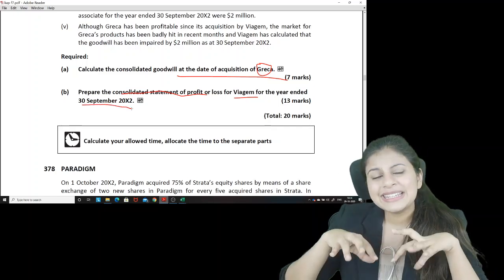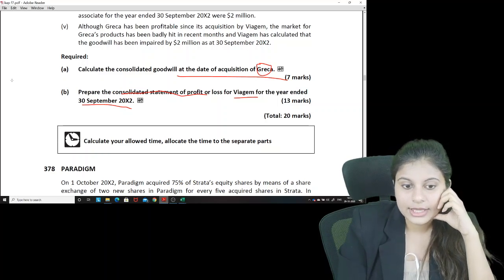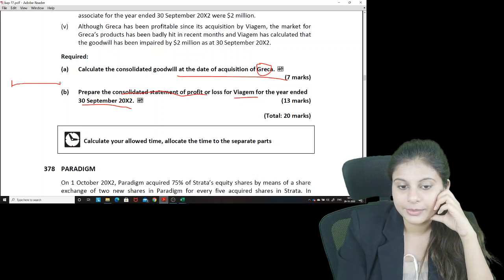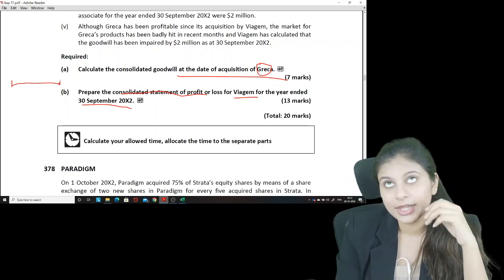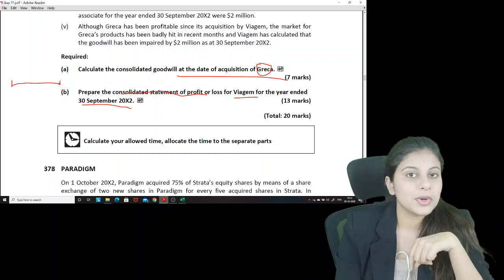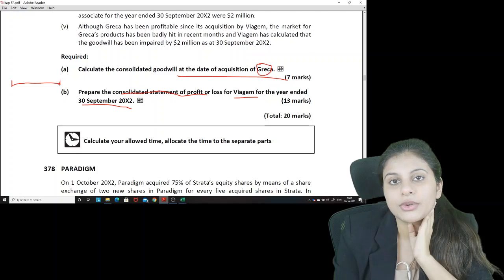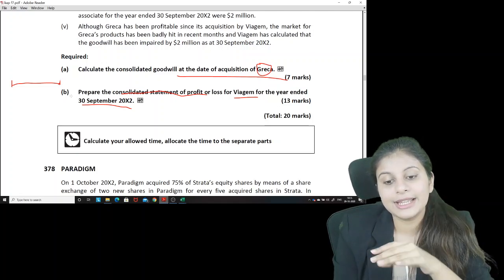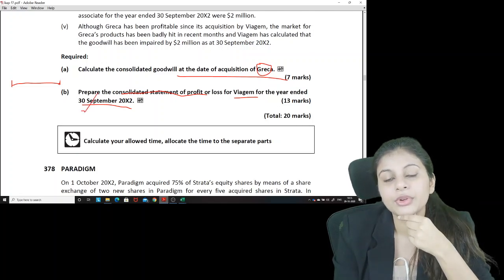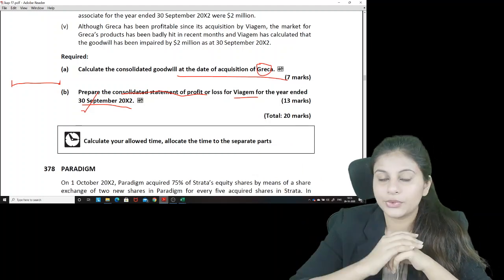If my year is ending on 30 September 2002, I need to draw a time scale in my mind. After September comes October, so the year must have started on 1st October 2001 and ended on 30 September 2002.